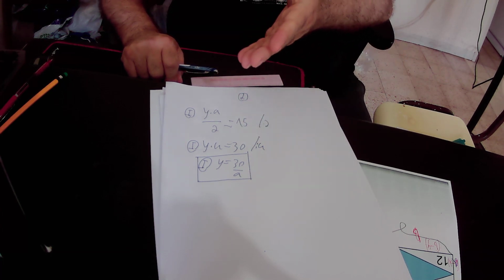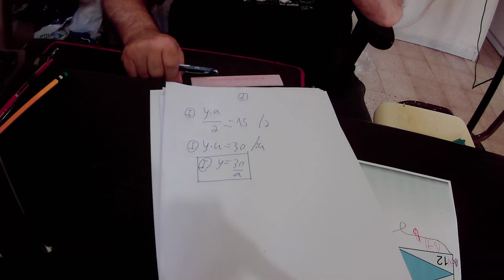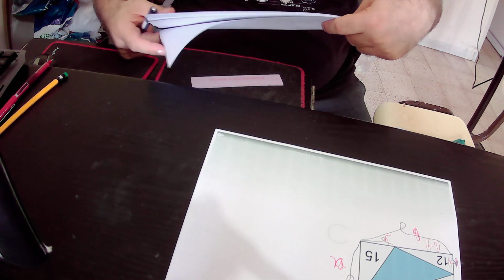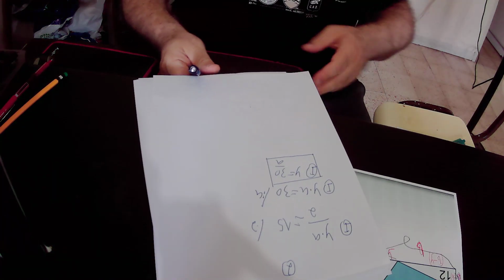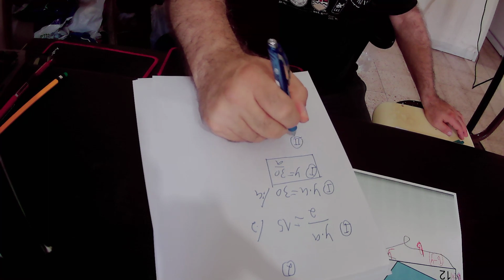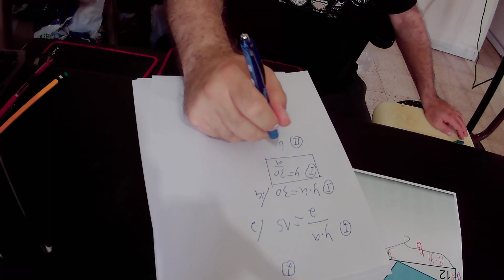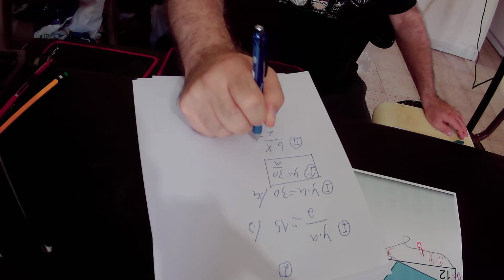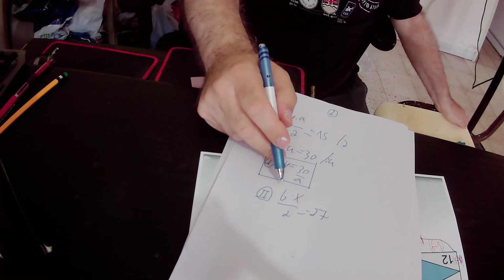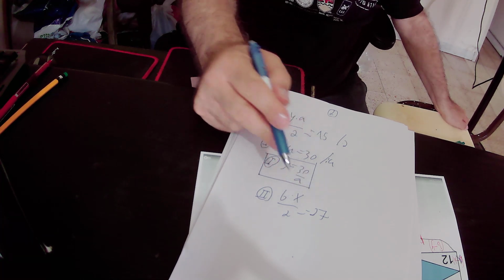So we took out y from the first equation. Now we'll take x out of the second equation. The second equation is b times x divided by 2 equals 27. Okay, b times x divided by 2 equals 27.